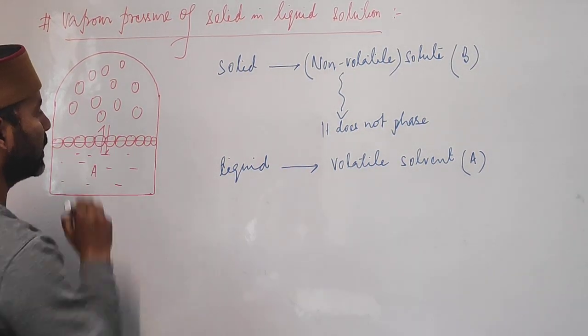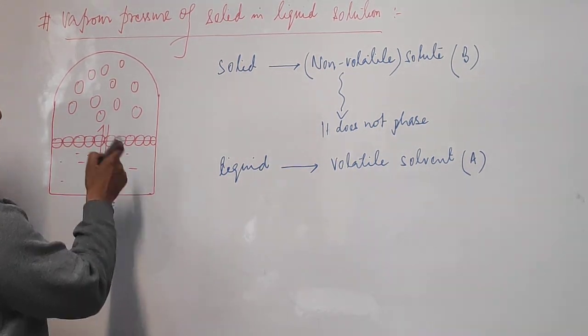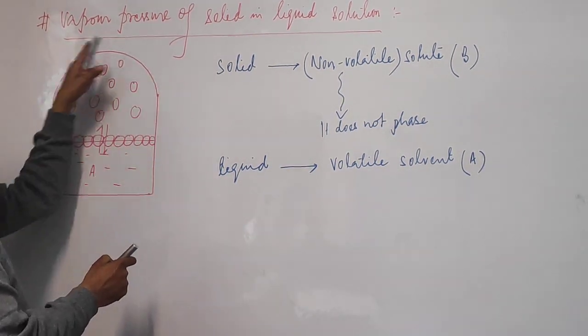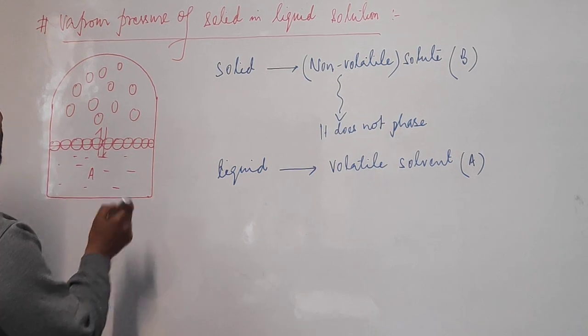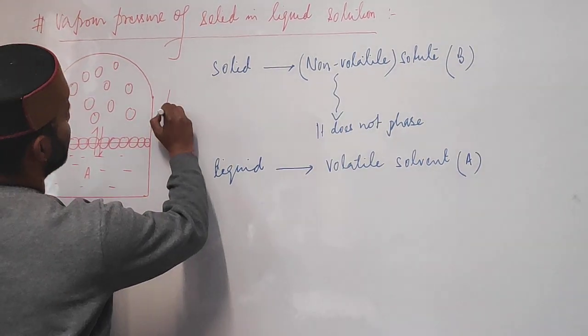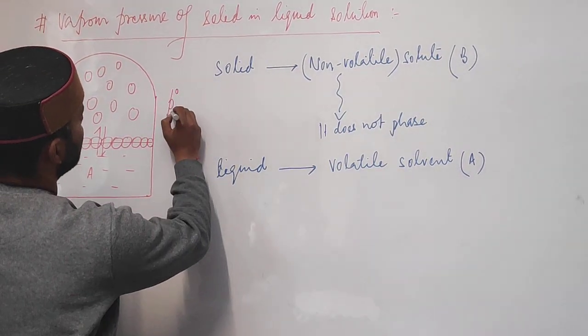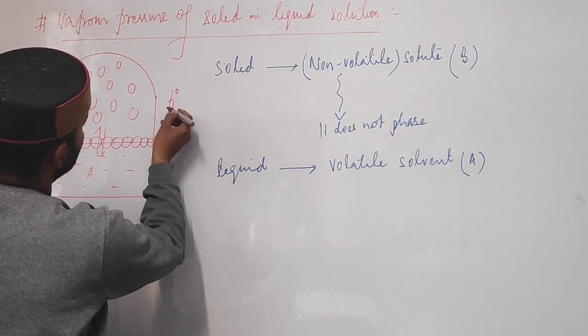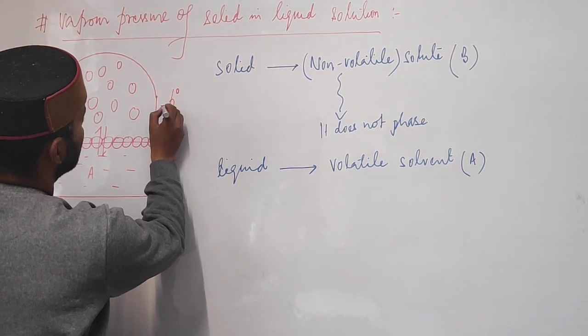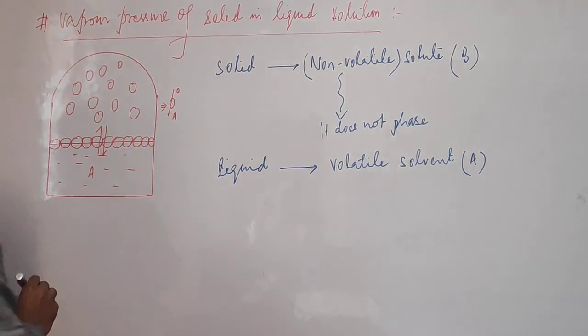So this is, say, equilibrium, and the pressure exerted by these vapors on the surface of liquid, we call it vapor pressure of pure solvent, so we are denoting it by P naught A. So this is the vapor pressure exerted by these vapors in pure state.